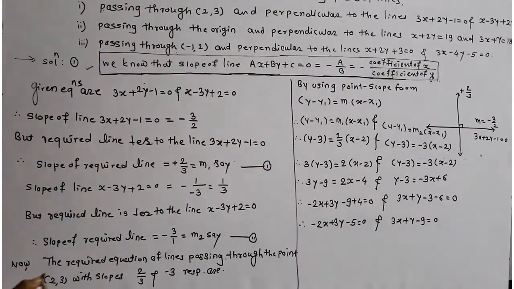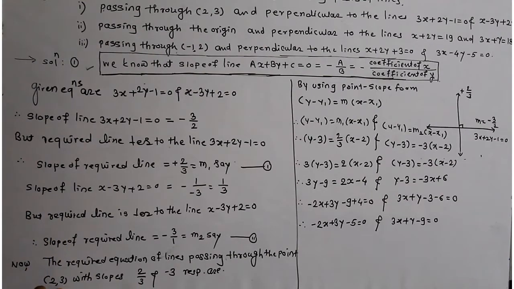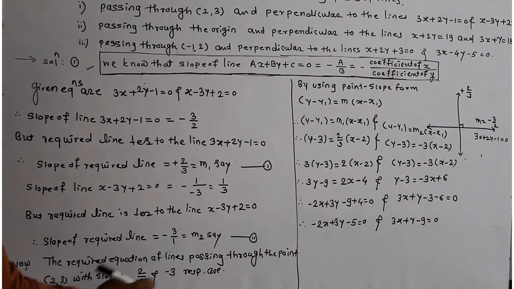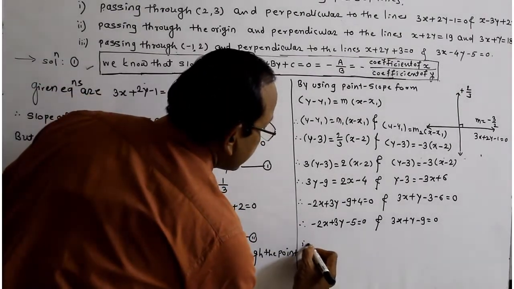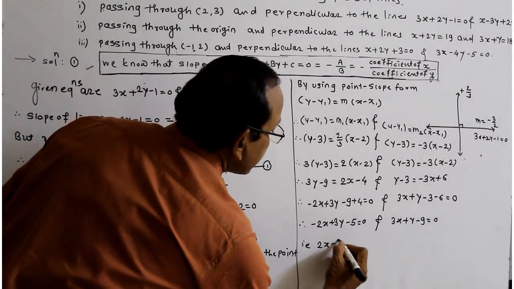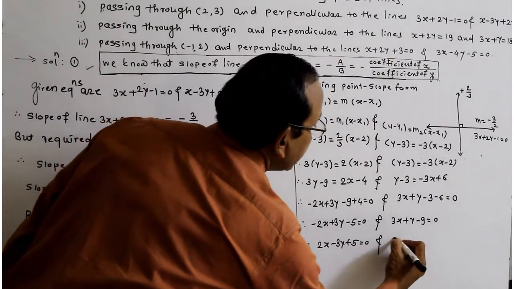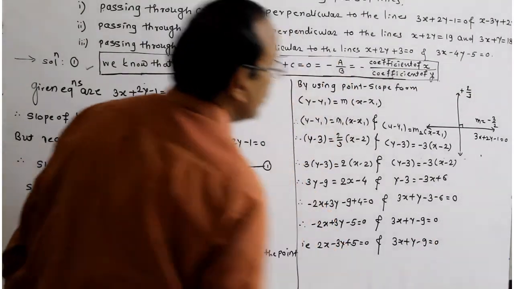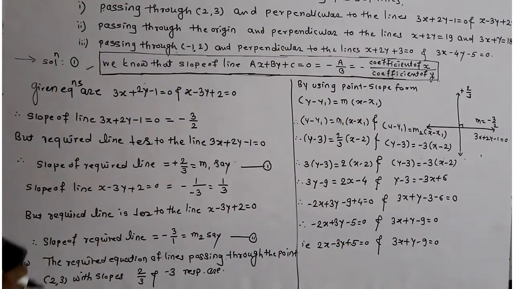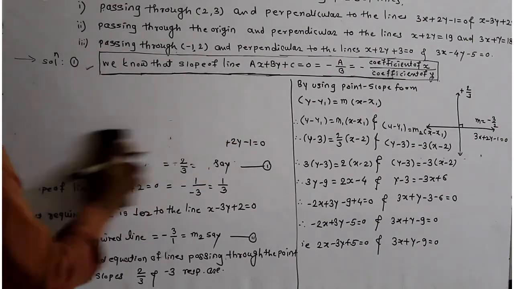So these are the two equations of lines passing through the point (2, 3) having slopes 2 by 3 and minus 3. That is 2x minus 3y plus 5 is equal to 0 and 3x plus y minus 9 is equal to 0.